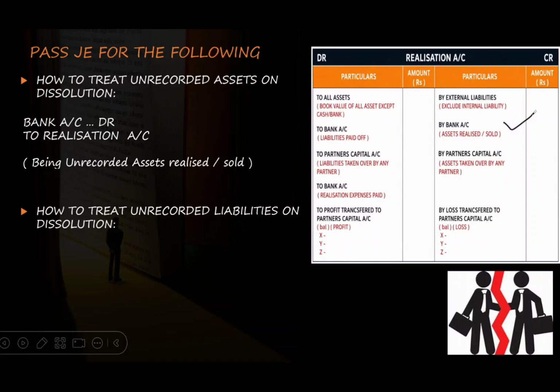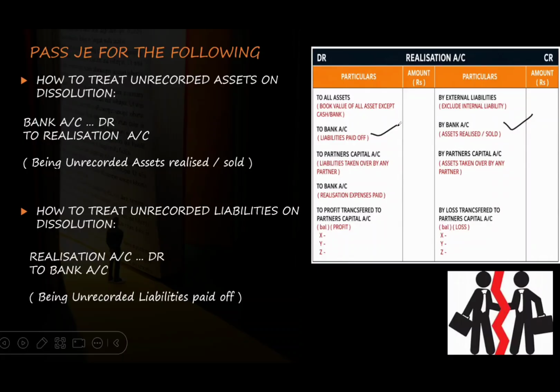It will not appear in any other entry, but we will only pay off the liabilities. It cannot be left over. So when we pay the liabilities, the entry will be realization account debit to bank account, being unrecorded liabilities paid off. So this is how the unrecorded liabilities are to be paid off and the unrecorded assets have to be realized. These are the important journal entries which can be asked in the exam.